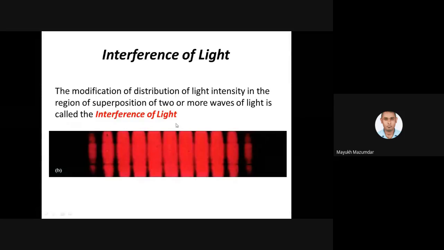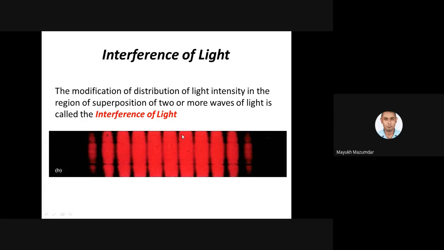And we discussed what interference of light is. It is nothing but the modification of the distribution of light intensity in the region where two light waves are superposed. Had there been only one light wave, there wouldn't have been any modification.